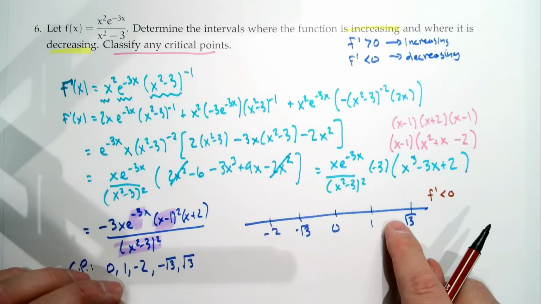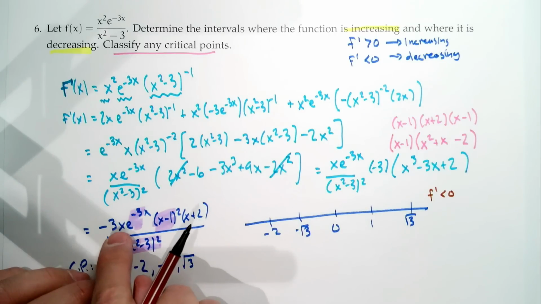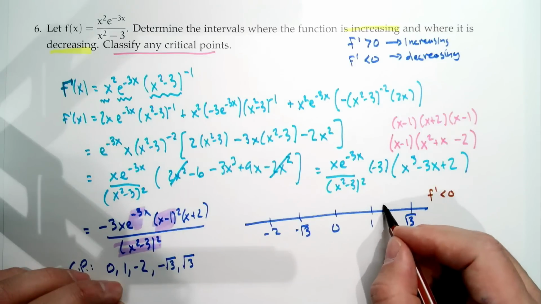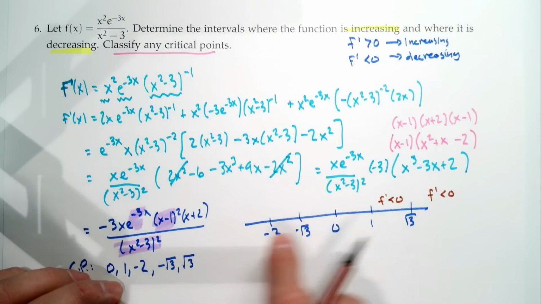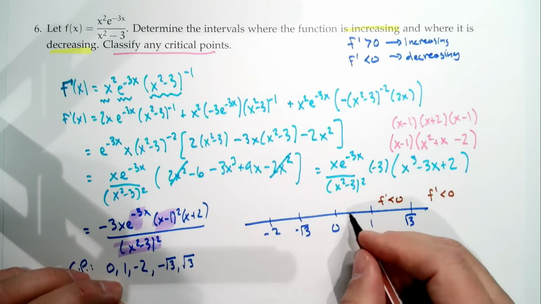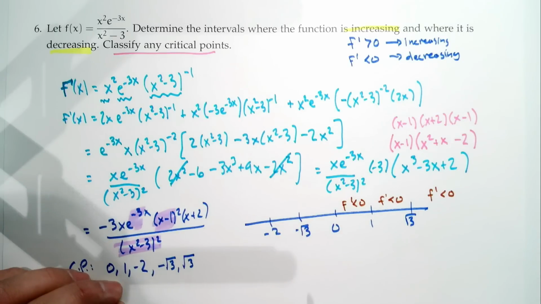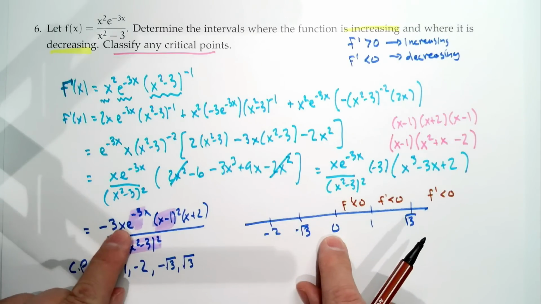If I'm between 1 and root 3, nothing's changed, because I'm still going to be a negative, positive, positive. So I'm still going to have negative. Between 0 and 1, it's still negative, positive, positive. So I'm still negative. Between negative root 3 and 0, now the 0 flips the sign.